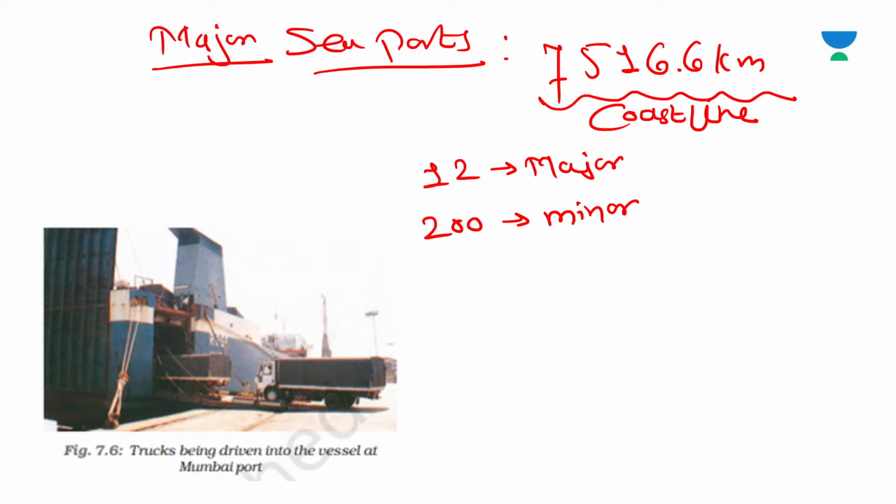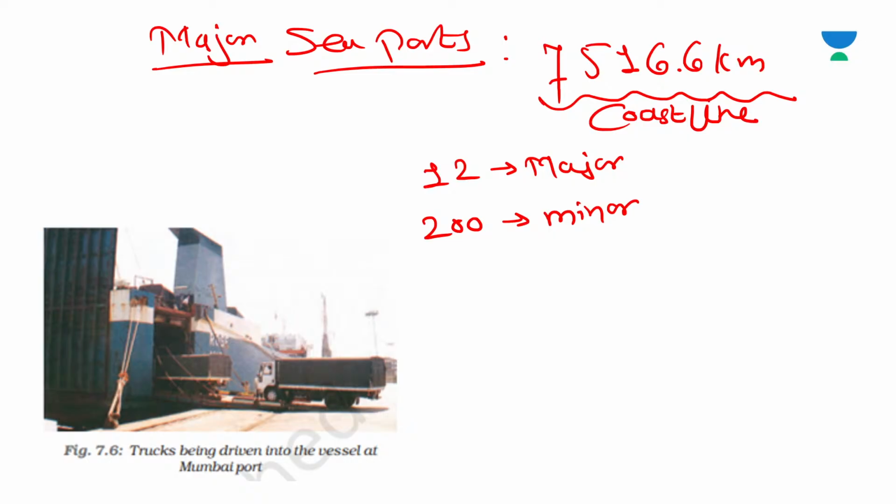So this port accounts for about 50% of India's iron ore export. New Mangalore Port, located in Karnataka, catered to the export of iron ore concentrates from Kudremukh mines.